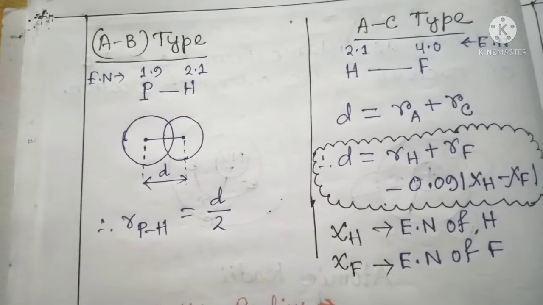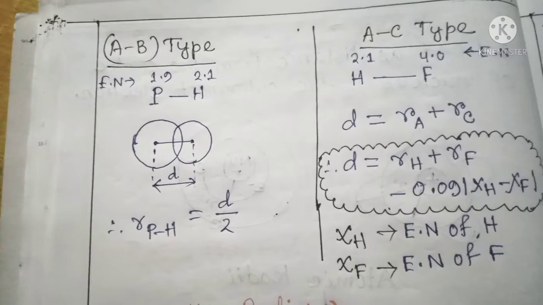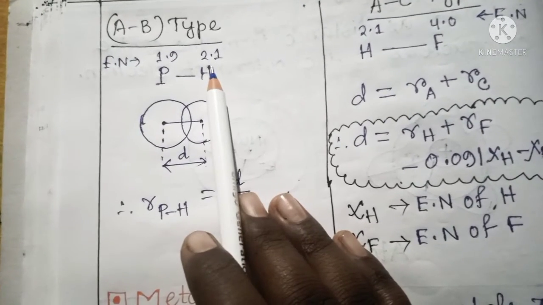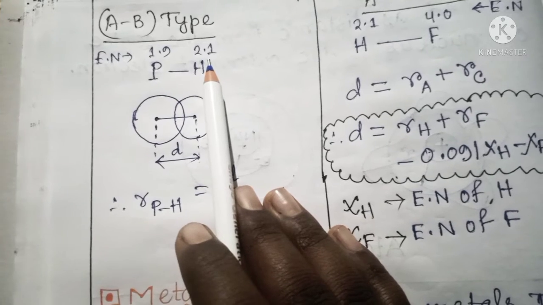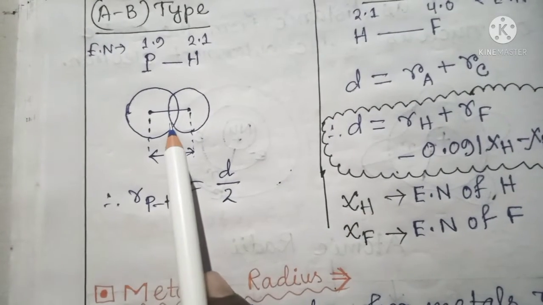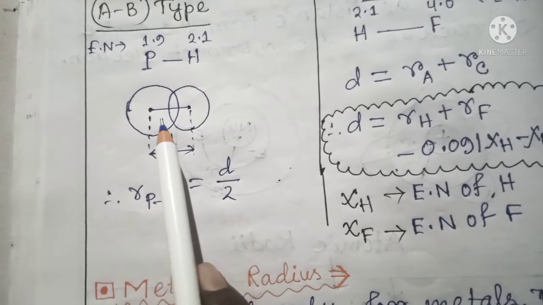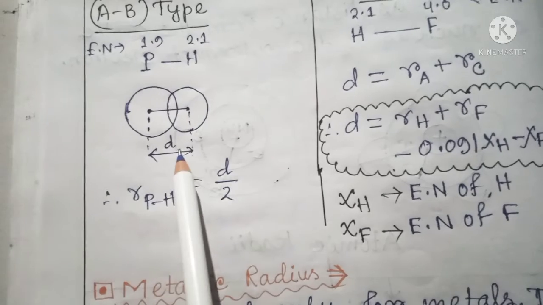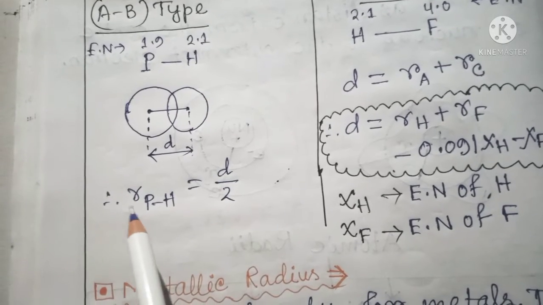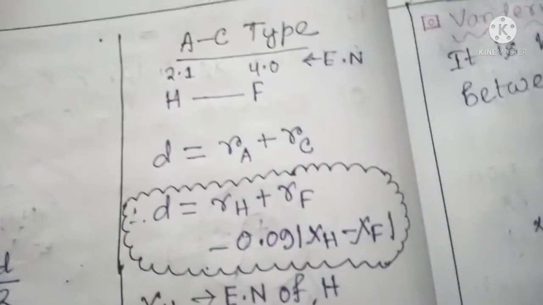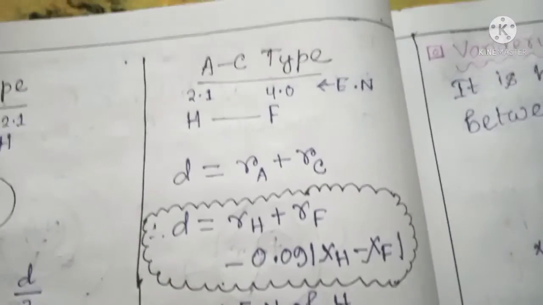In case of AB type, where we do not consider the electronegativity difference, let's take an example. Here we take H2. So the distance between the centers of these two atoms is d, and the radius of H equals d by 2.